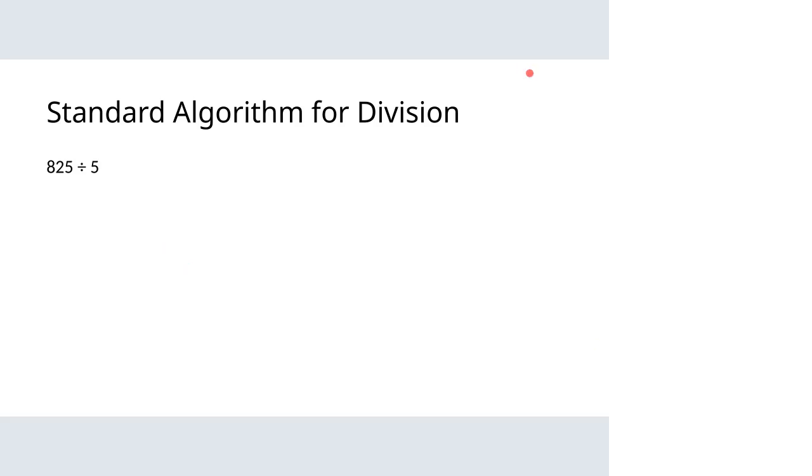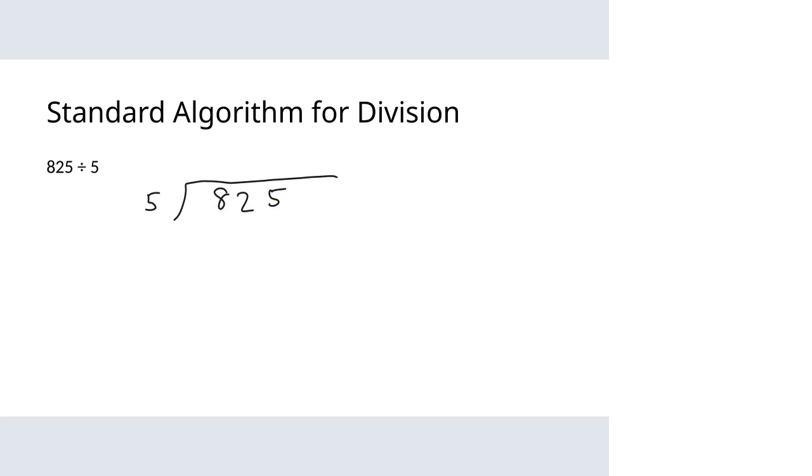As we look at our standard algorithm for division, just like we did with our other standard algorithms, we're going to spend a little time talking about what's going on in each step. And standard algorithm for division is what you might call long division. 5 into 825.